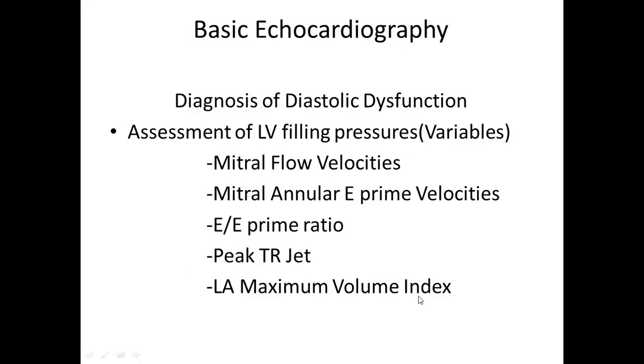And again, I've been saying this over and over. If you have elevated filling pressures, then the usual thing, you probably get a pseudonormal pattern in your mitral inflow. You might also get a restrictive physiology where your E/A ratio is greater than 2.